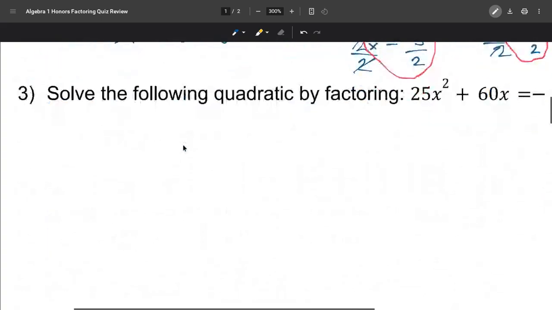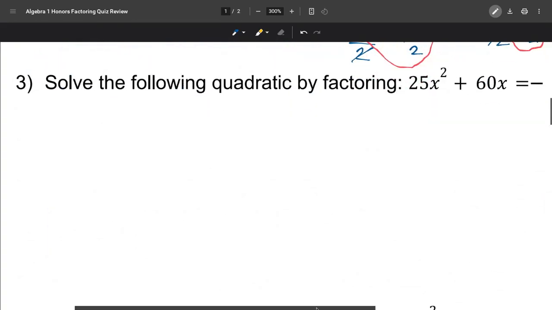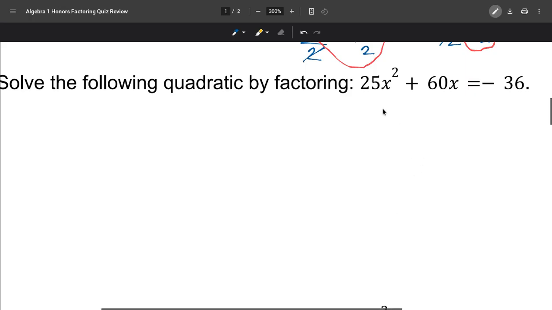All right, so this one, we're solving by factoring 25x squared plus 60x equals negative 36. I'm just going to rewrite this over here.